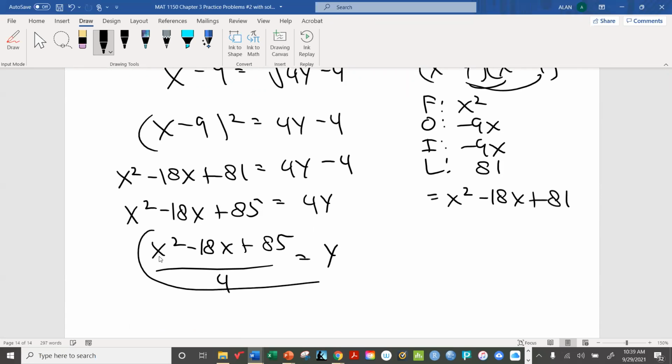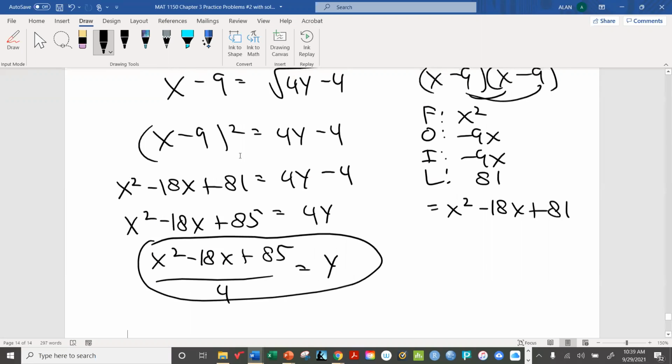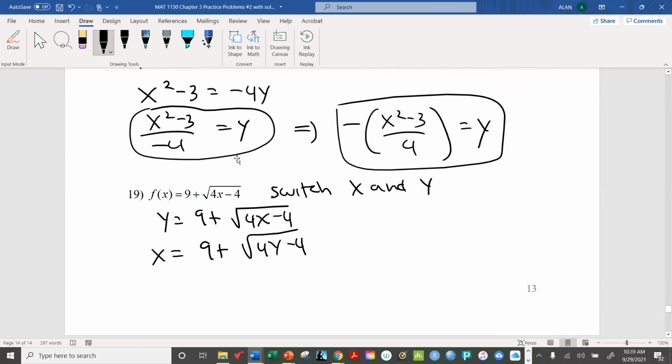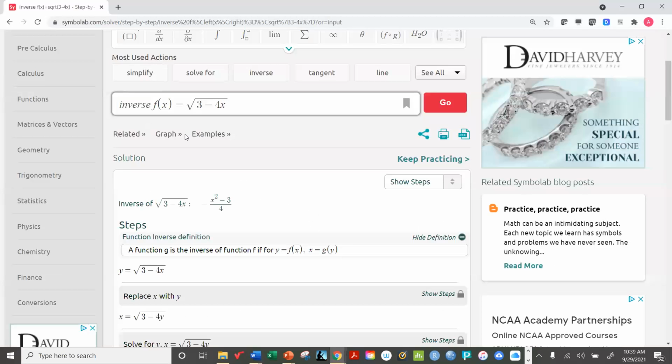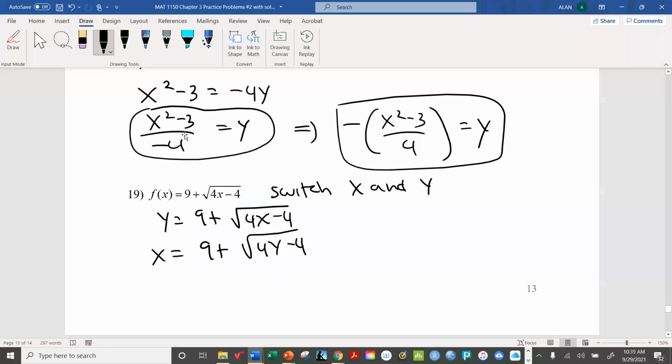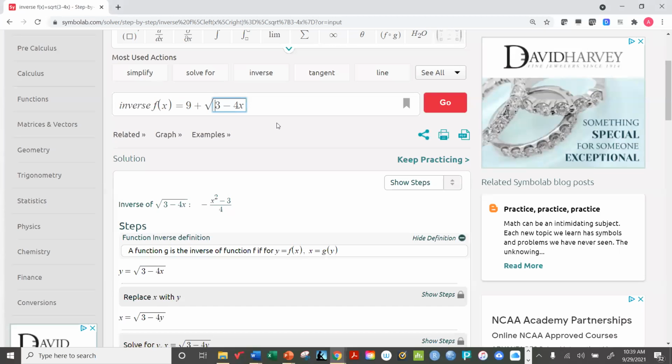That's it, we're done. But let's check with Symbolab and make sure we haven't goofed something up, because that's always a possibility with these things. And of course, there's always a risk that they've written it in a different way. So we'll have 9 plus radical 4x minus 4.